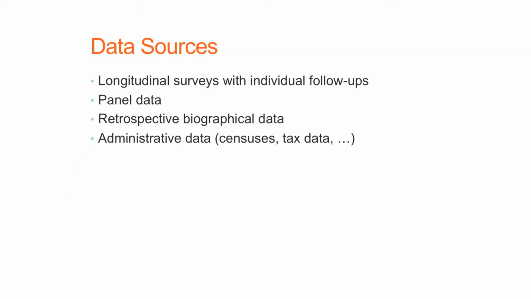The data sources that we use for social sequence analysis are longitudinal surveys with individual follow-ups. That might be from panel data, or retrospective biographical data, or from administrative data, such as censuses or tax data. Comparing this with genomics analysis, we're typically dealing with much shorter sequences than when looking at DNA and protein structures, which is one of the differences.